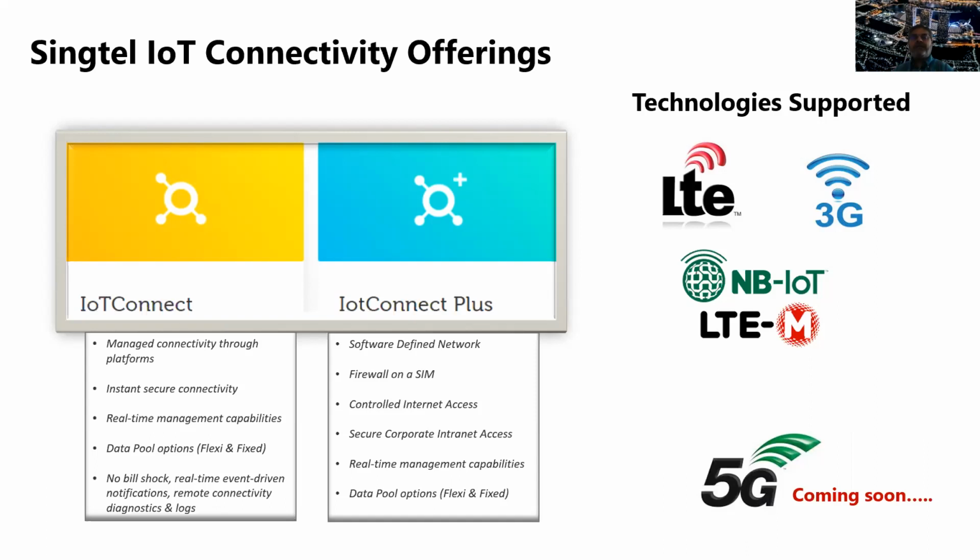NB-IoT is not the best preferred technology, although it will work, just that it's not the most ideal technology. If you look at the devices, most of the modules come with dual mode, I mean, they have LTE-M as well as NB-IoT. So it obviously makes it better to use LTE-M if your application is a bit more chatty, more interactive and things like that.